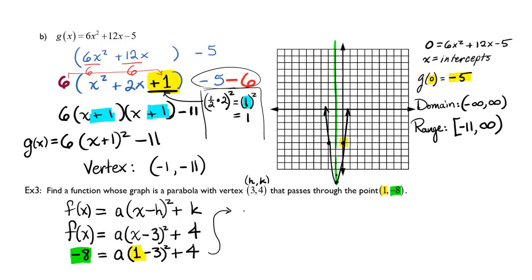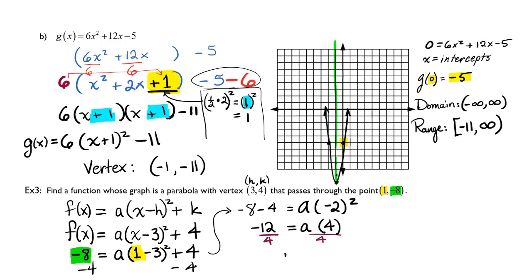Now I can solve for A. I'll go ahead and subtract 4 from both sides. That gives me -12 on the left and A times 4 on the right.